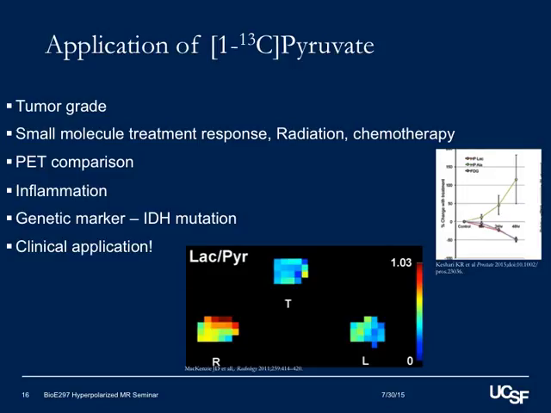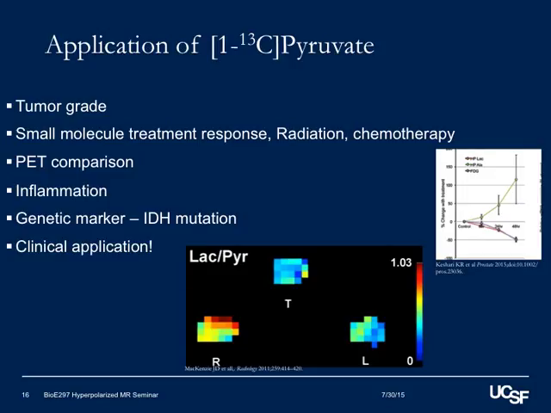And so PET gave identical information. But what we got better was we saw a concomitant, if not more, production of alanine, but that's not something that you could ever do with PET. Get simultaneous other metabolic information, right?